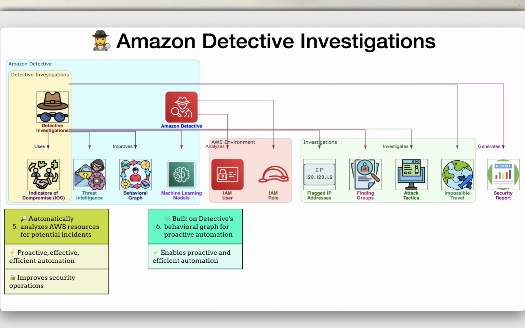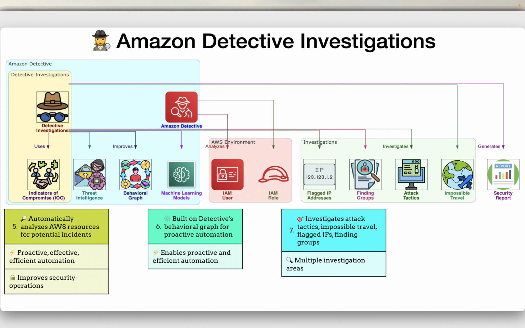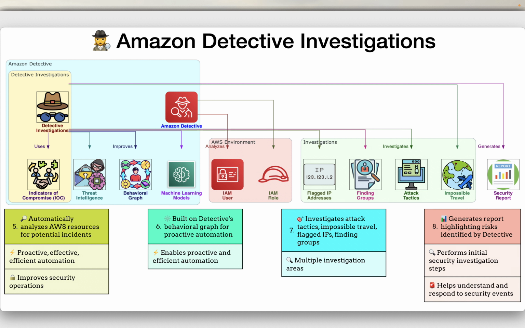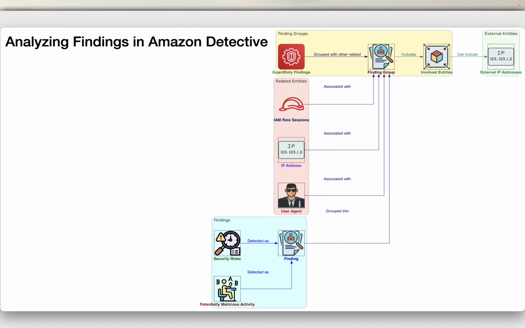Detective investigations is built on top of Detective's behavior graph, which allows for proactive and efficient automation. Using Detective investigations, you can investigate attack tactics, impossible travel, flagged IP addresses, and finding groups. It performs initial security investigation steps and generates a report highlighting the risks as identified by Detective to help you understand security events and respond to potential incidents.